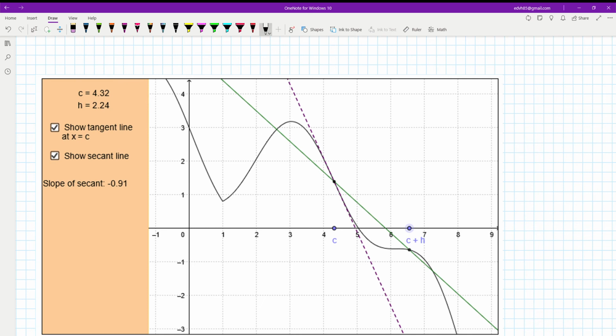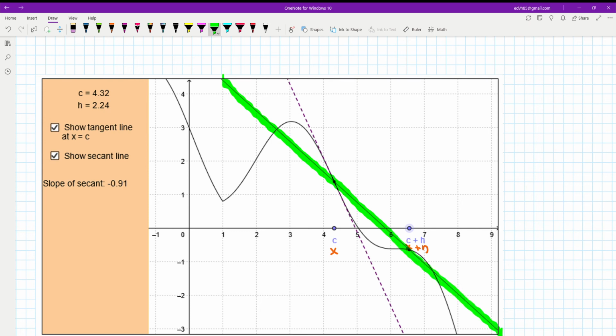We have this point, which the applet calls C, but it's ultimately x, and another point, x plus h, which is h units away. Notice this line highlighted in green, I'm going to highlight it as well.